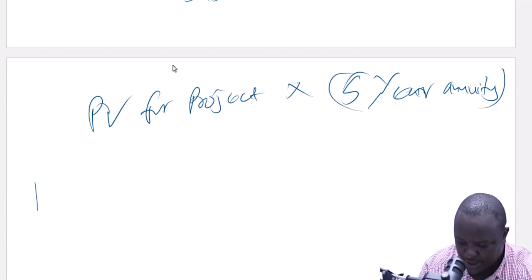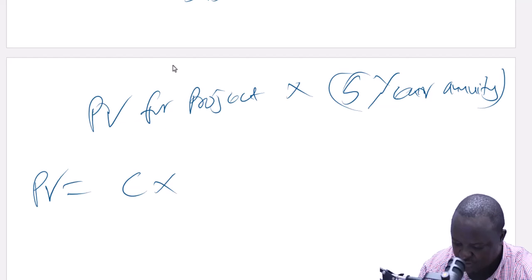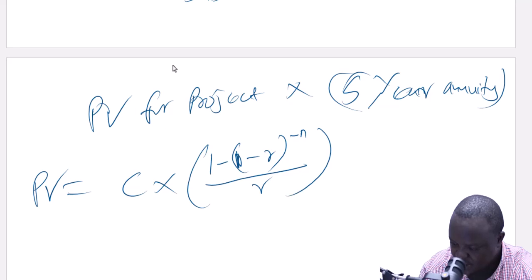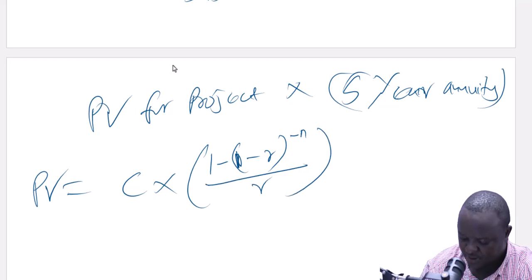So the PV for project X 5-year annuity equals, we are going to use the formula: C times (1 minus (1 plus the rate) to the power minus n) over the rate, close brackets.